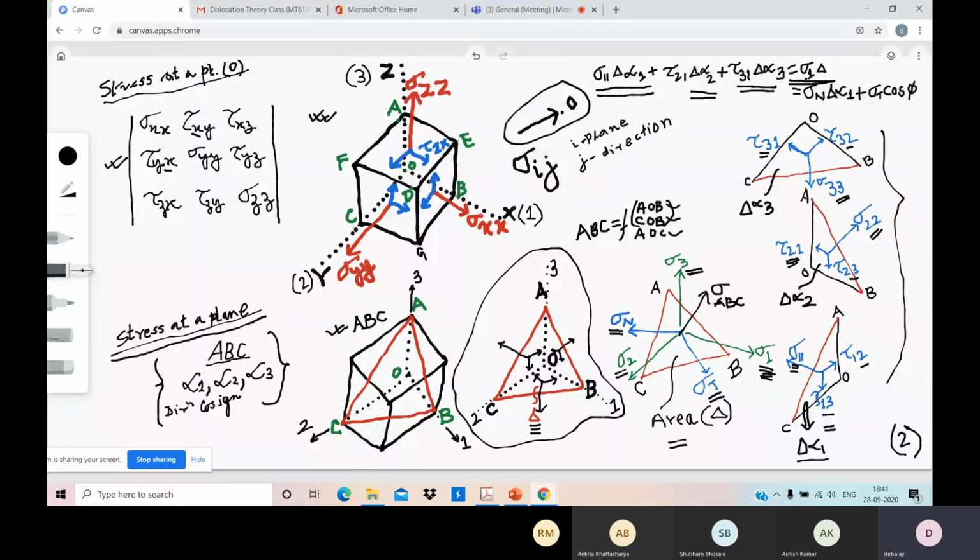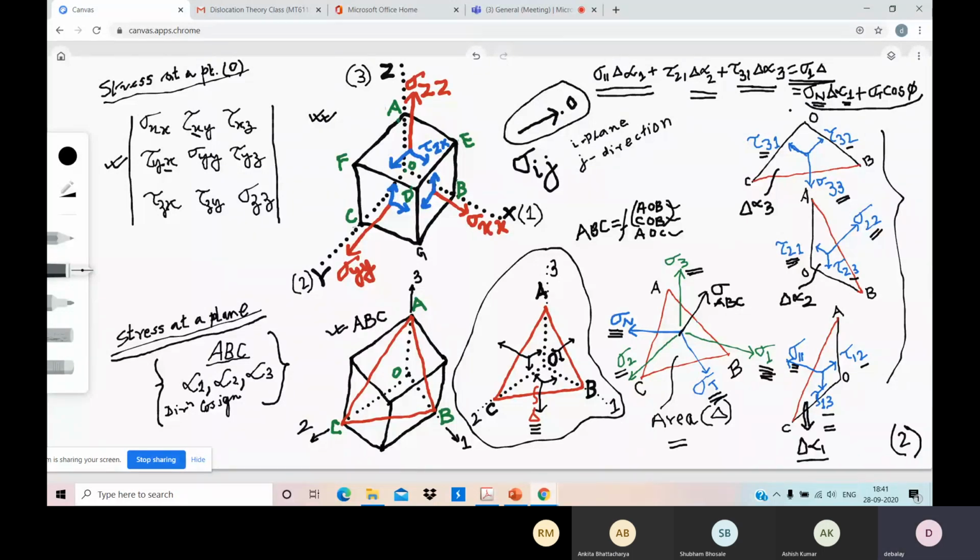Now, if I write sigma 1 in terms of the normal stress and shear stress acting on the ABC plane, the normal stress sigma n and shear stress sigma t, you will find alpha 1 will be contributed by a component of the normal stress, which is sigma n alpha 1.